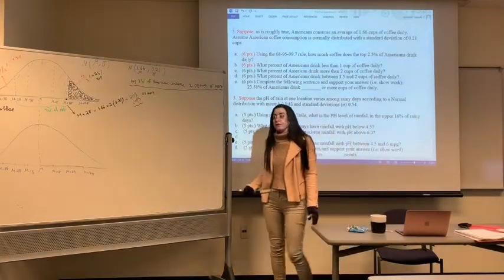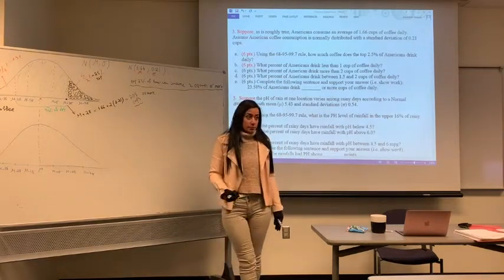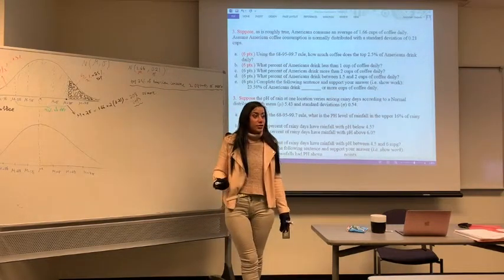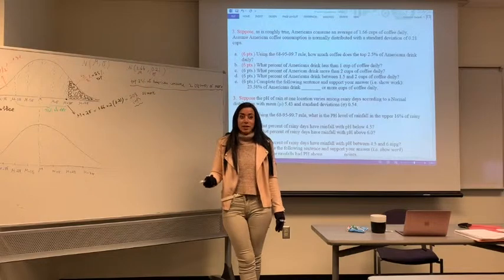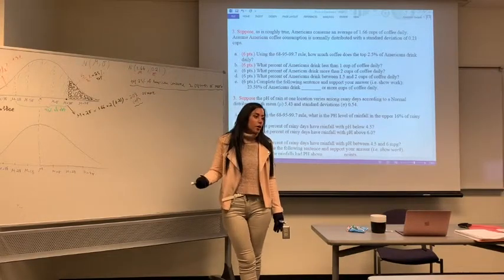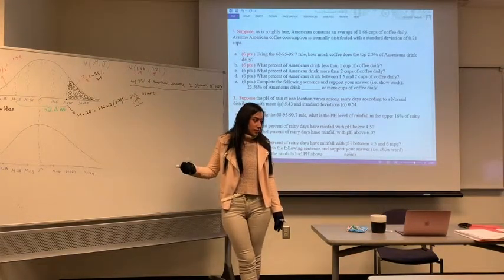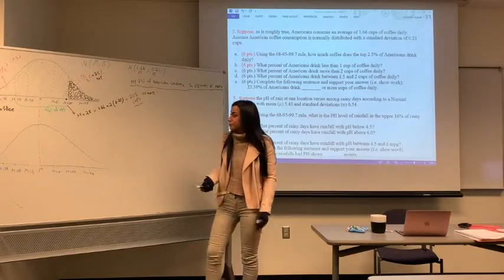So today we are going to talk about the new method, the z-table. We are going to use the z-table and z-value to find any probability we want using normal distribution.